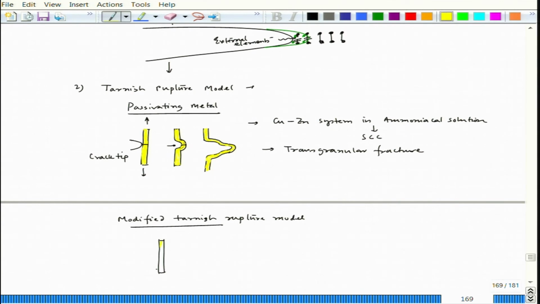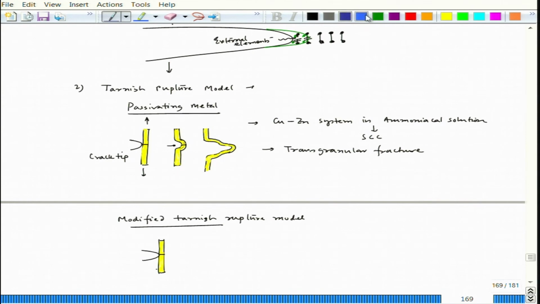This is the film, and in this film we have a crack that is going in, and that crack will lead to a small fracture here in the film, and then the film will grow into, let us say, a grain boundary.